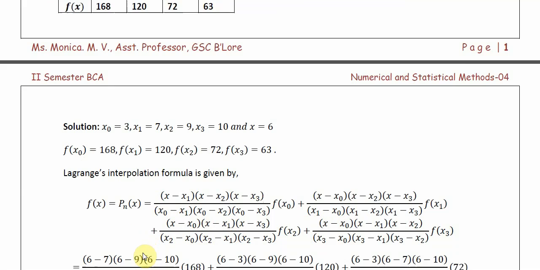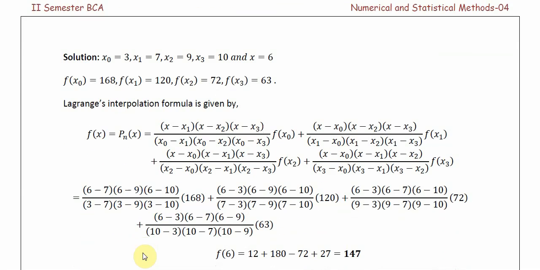Everything is substituted and simplified. You can see the substitution over here. We have simplified this. You can do it in your scientific calculators. If you have simple calculators, simplify each one of them carefully. First the numerator, then the denominator, then divide them, then multiply them. Then you'll get one single term over here, that is 12.